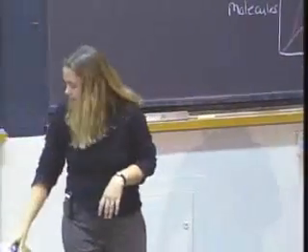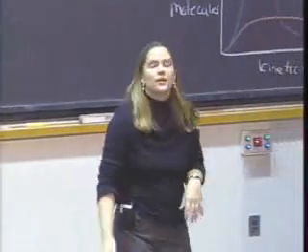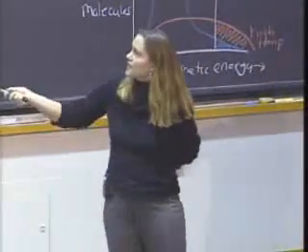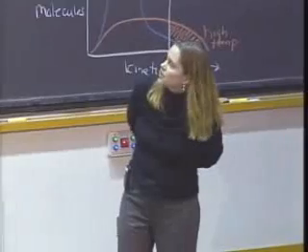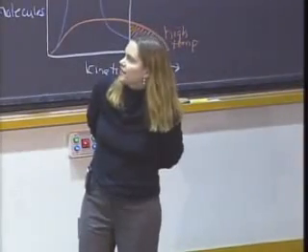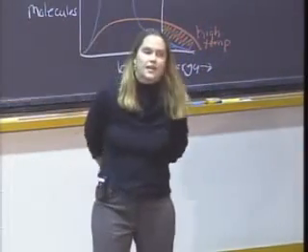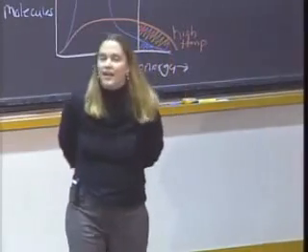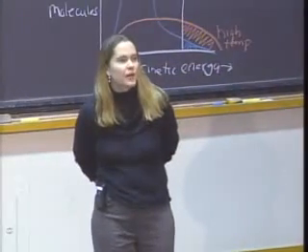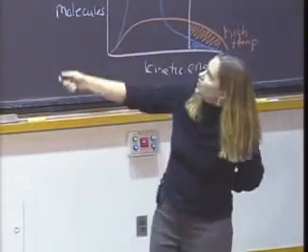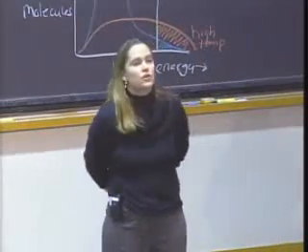So we can solve this for k2, and k2 comes out to be 7.6 times 10 to the minus 4 per molar per second. It has the same units as k1, and that's quite a bit slower. We only changed our temperature by 2 degrees, and yet the rate is quite a bit slower.